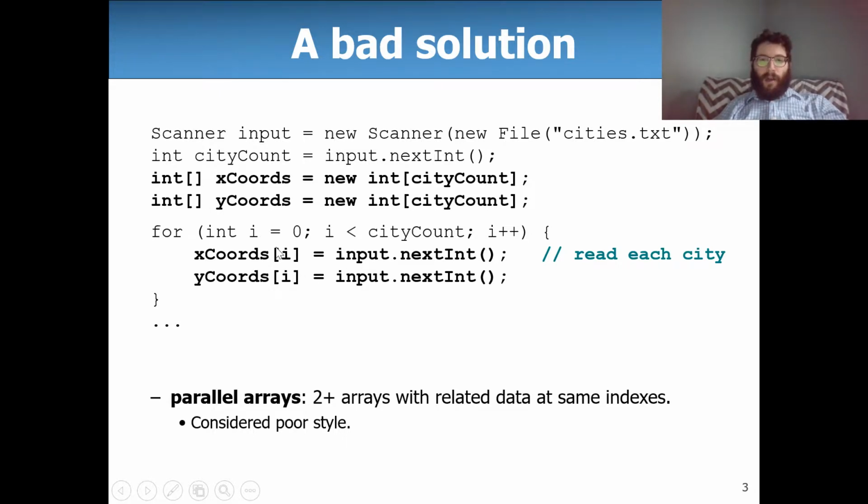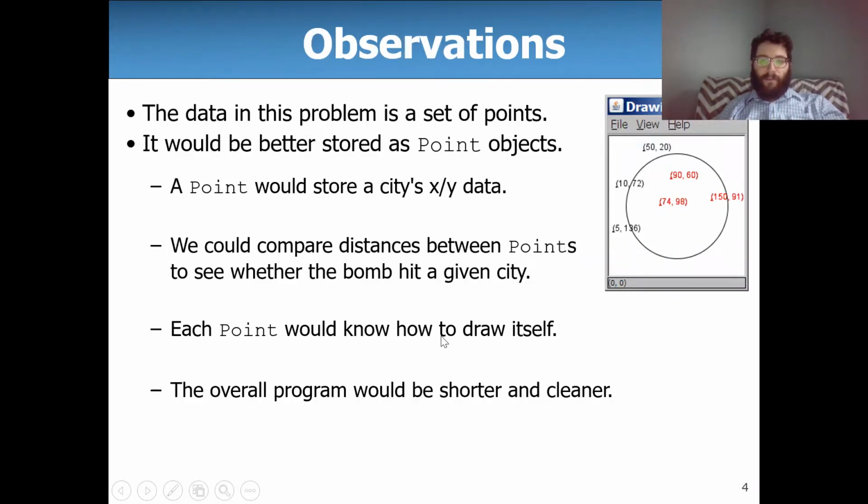But the way this works is that we just go ahead and we read in the points of all these cities, right? We read in the x coordinate, then the y coordinate, then the x coordinate, then the y coordinate until we're done. Okay. It'd be better though if we could just have a bunch of little point data types to store the x and y coordinates, right?